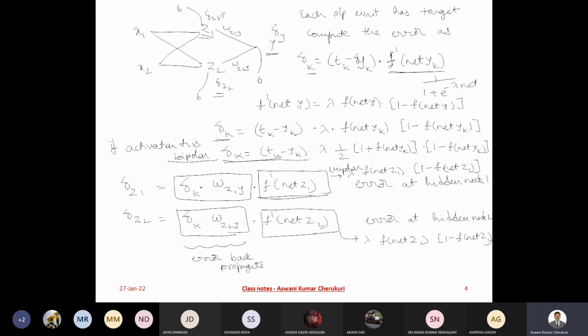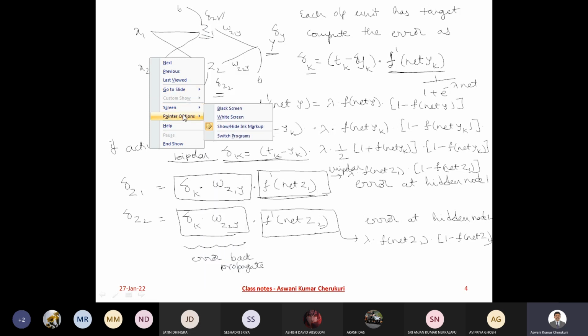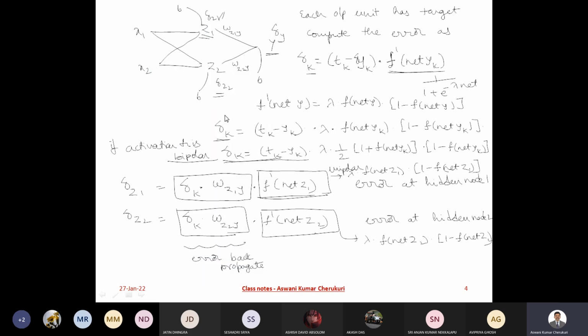Okay, so as we discussed, today we will work out one particular problem. As we have seen in the previous class, you can notice that we are giving the inputs.